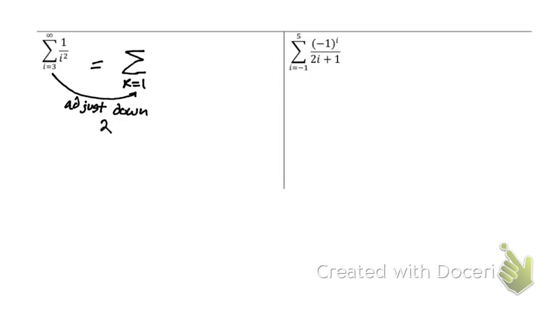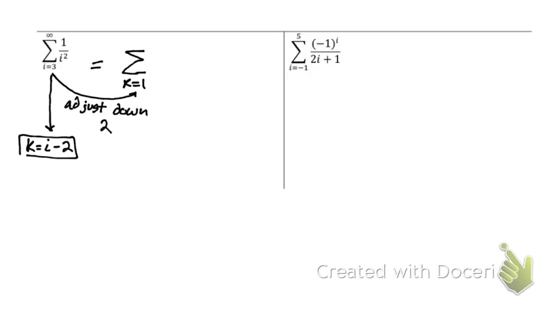If you don't want to do it that way, you can always go back to the fact that, well, if i equals 3 and I need to make k equaling 1, that means that k must equal, well, to get from 3 to 1, I have to subtract 2. So that means i minus 2. I'm going down 2.